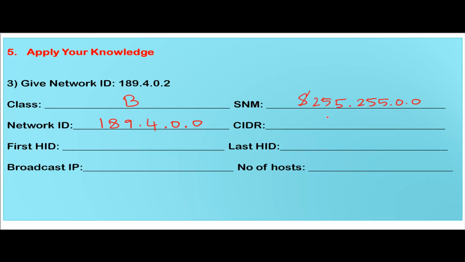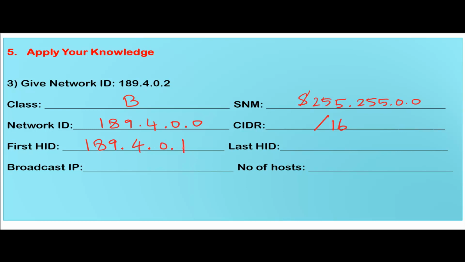The CIDR value: there are 8 plus 8, so 16 bits available in the network part. So /16 is the CIDR value. The first host ID is 189.4.0.1.